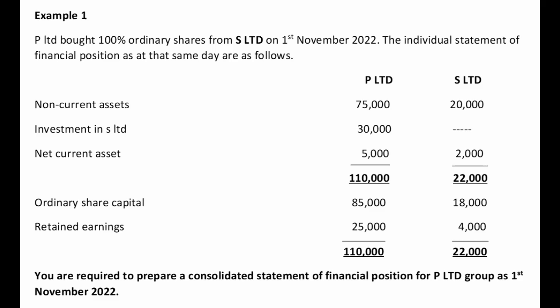Now, I said something about the acquisition date and reporting date. In this question, we're only given one date, which is 1st November 2022. The day P Limited acquired ordinary shares from S Limited, on that same day was when the accounts came out. That means the acquisition date is also the reporting date.